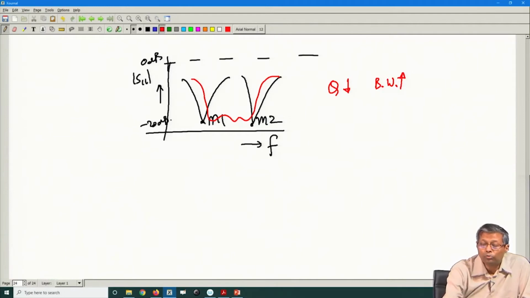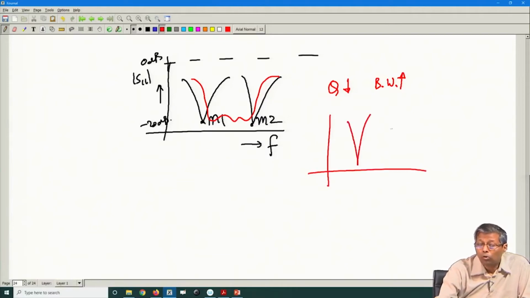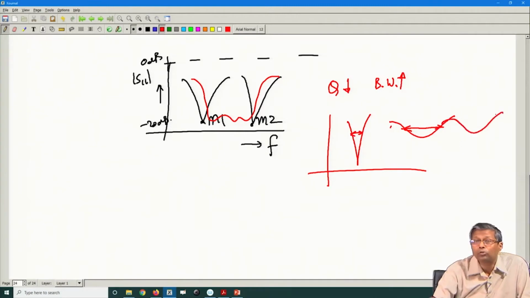So, we want modes which have low Q factor, and which also have a high radiation efficiency. A high Q mode might look like this, a low Q mode will look like this. So, it has potentially a wider bandwidth compared to a high Q mode. Therefore, it tends to combine with another resonance in order to give me a broadband behavior.